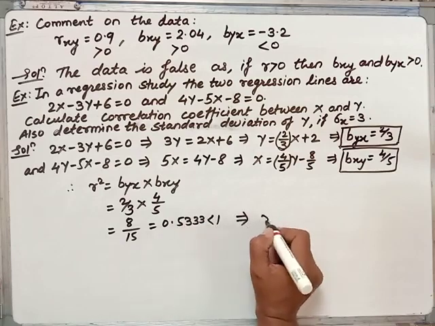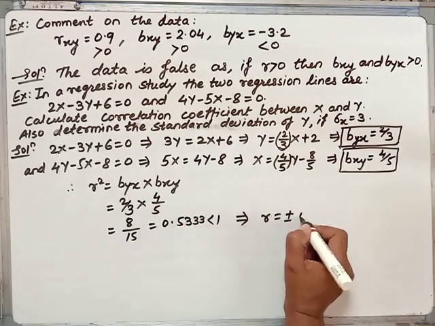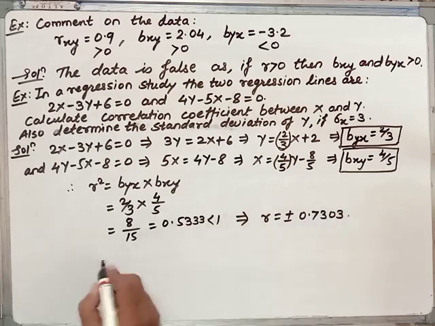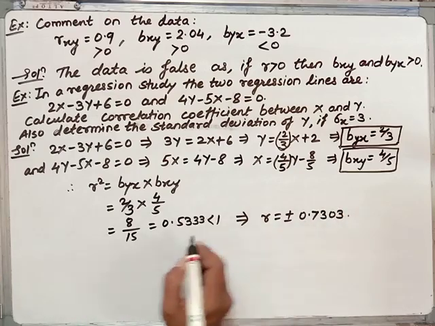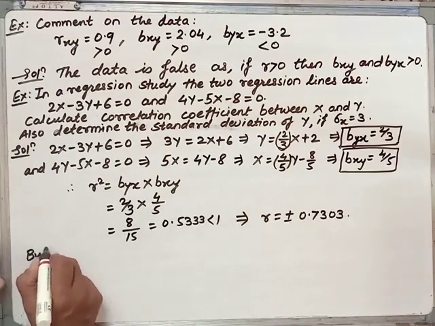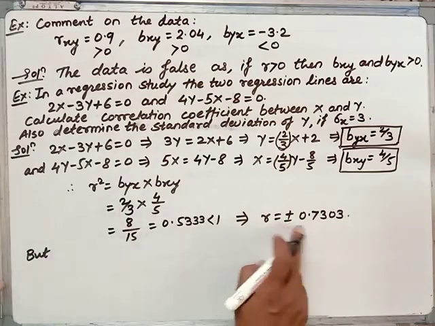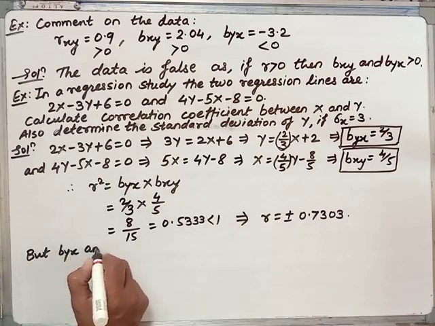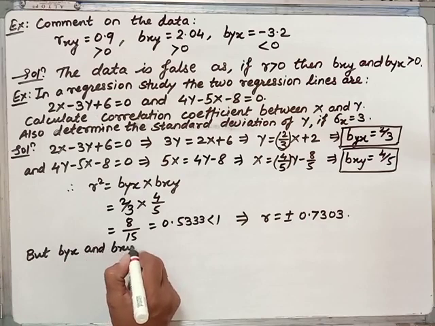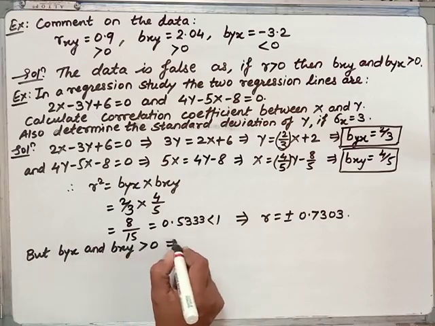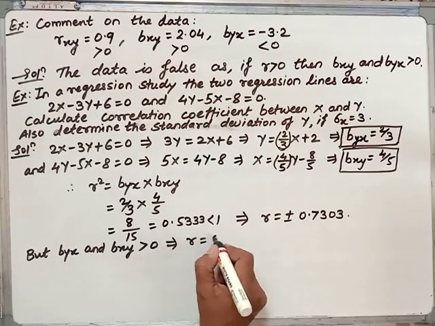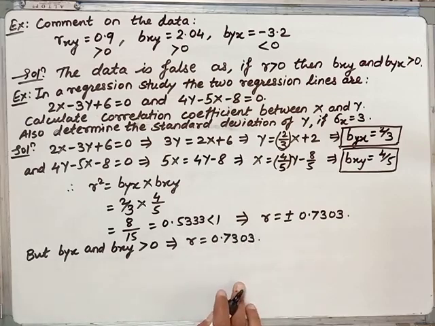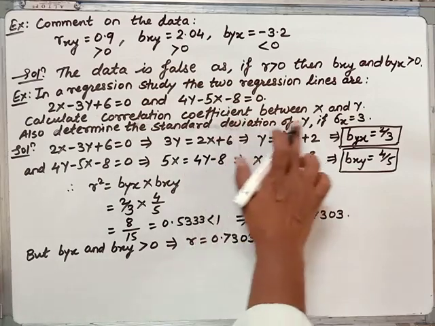So this gives r is equal to plus minus 0.7303. But here it will be a square root, so positive as well as negative. But byx and bxy both are positive. So that implies r is positive, 0.7303.